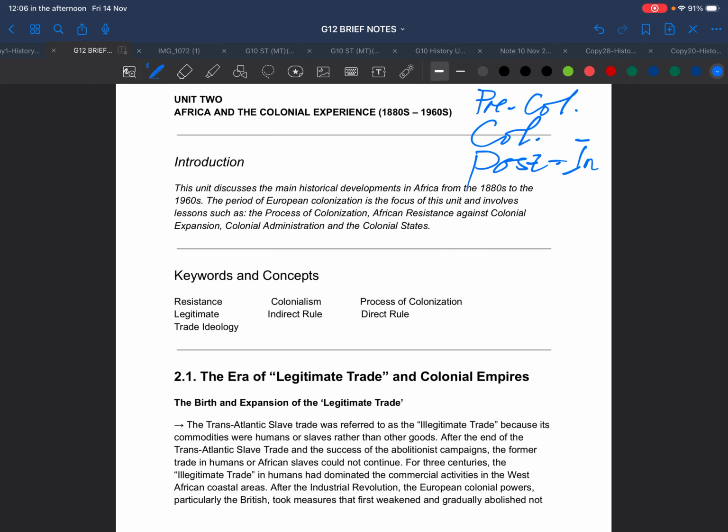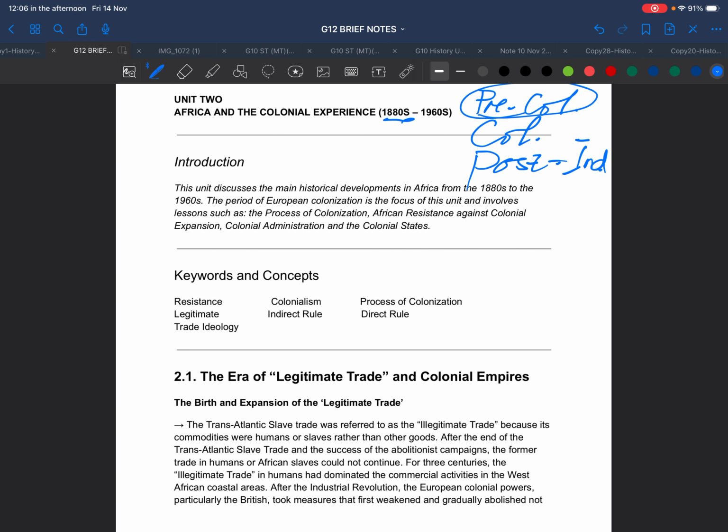So the period before the 1880s, the pre-colonial, covers the time when Africans had established their own empires before the arrival of an organized European colonial rule.